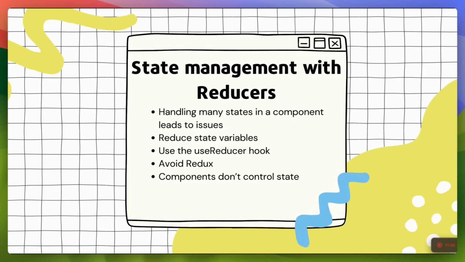So to recap, the state management with reducers design pattern allows you to handle many states in a component without leading to any issues or burden on the component itself. It reduces the number of state variables you need to manage in your React components.